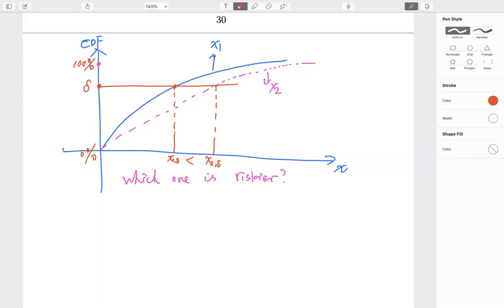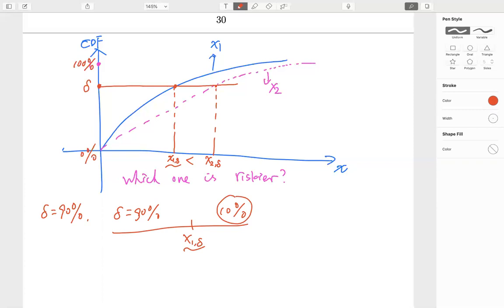The reason is, let's say delta, let's put a percentage. Okay, so what is the meaning of quantile? Quantile is the point to separate all the losses, so here's delta, into 90% and 10%. That means among all the losses of X1, 10% of the losses will be bigger than this number, okay?